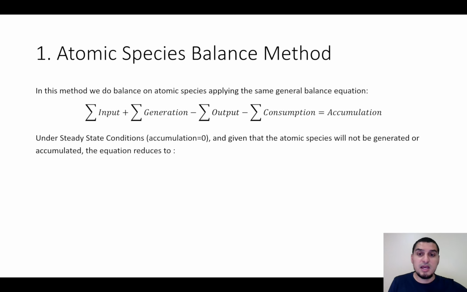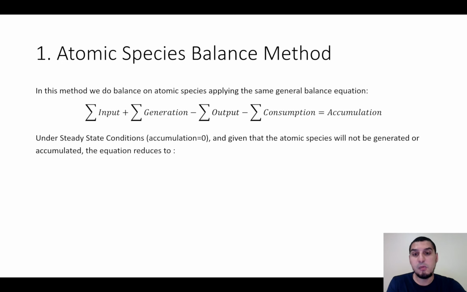So in this case, if we are doing the balance on atomic species, then there will be no generation and there will be no consumption, because generation and consumption is the change in the number of moles of a compound due to the chemical reaction. And what happens is that the atoms change their place between different compounds, but still the number of atoms is always going to be the same.